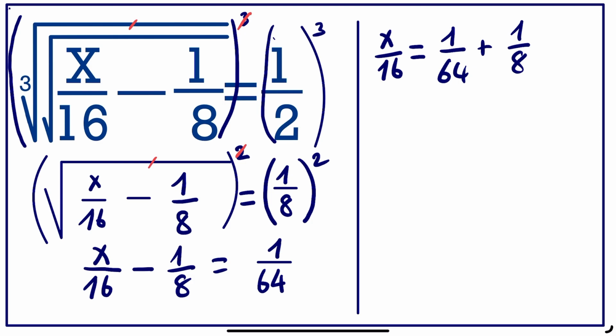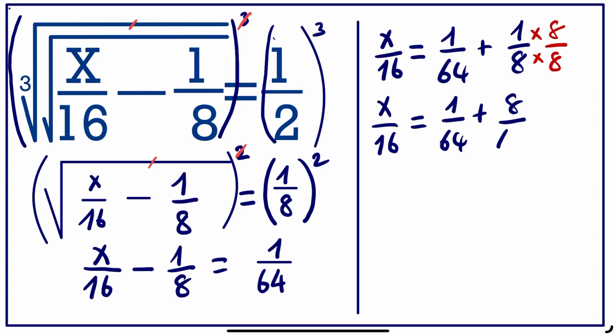We want to make sure that the denominator is the same for the fractions. So the LCM of 64 and 8 is 64. In order to get 64, we need to multiply the numerator times 8 and the denominator times 8. So we are going to have x over 16 equal to 1 over 64 plus 8 over 64.